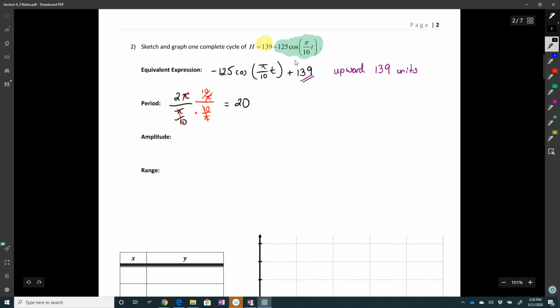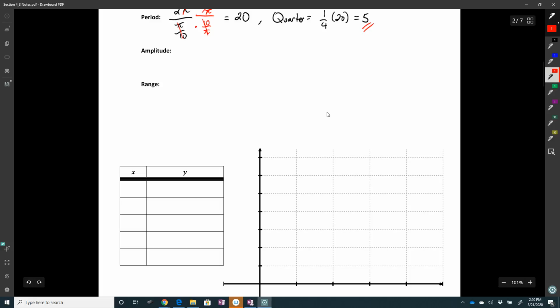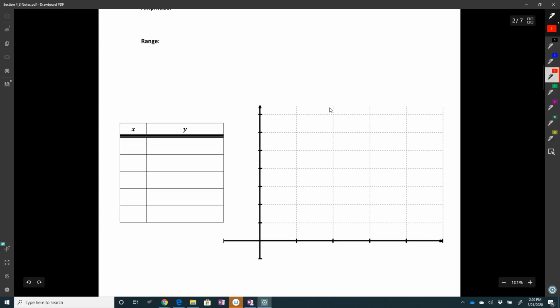So my period is 20, which means that each quarter is going to be 1/4 times 20, which is just 5. So each tick mark is going to be 5. So I go back down to my graph, and I have 5, 10, 15, 20, 25. Okay, so now we have our x labeled.